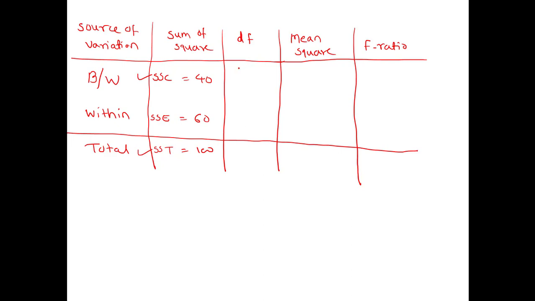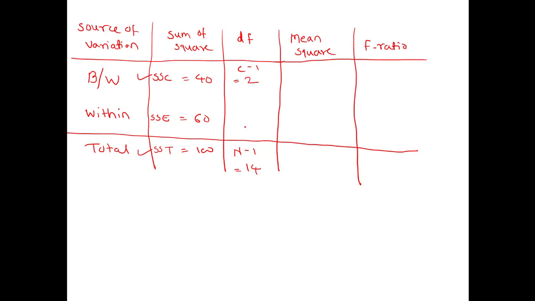Same for degree of freedom. Degree of freedom for SSC is C minus 1, which we have calculated. 3 columns we had, so 3 minus 1, this is equal to 2. For total degree of freedom, we have calculated n minus 1. So n means the total sample. So we have 15 sample, 15 minus 1. So this is equal to 14.